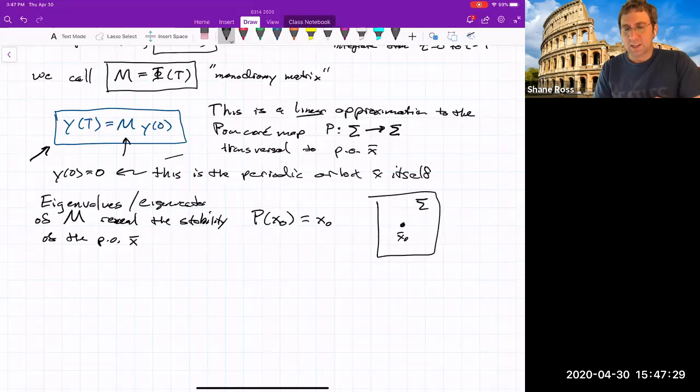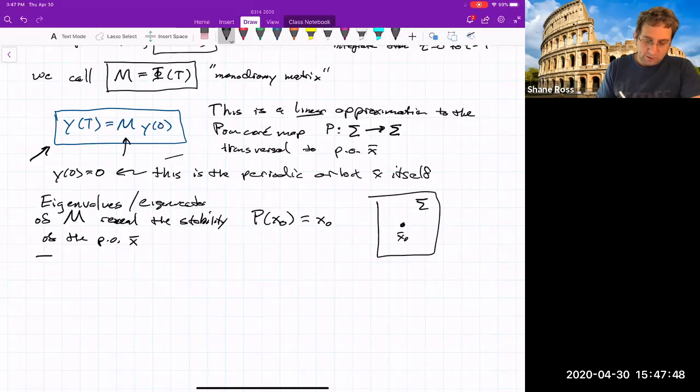Why is that? It's because the eigenvectors and eigenvalues of M reveal how the nearby perturbations either grow or shrink or rotate or whatever they do. So we could think of this as revealing the stability of the periodic orbit.